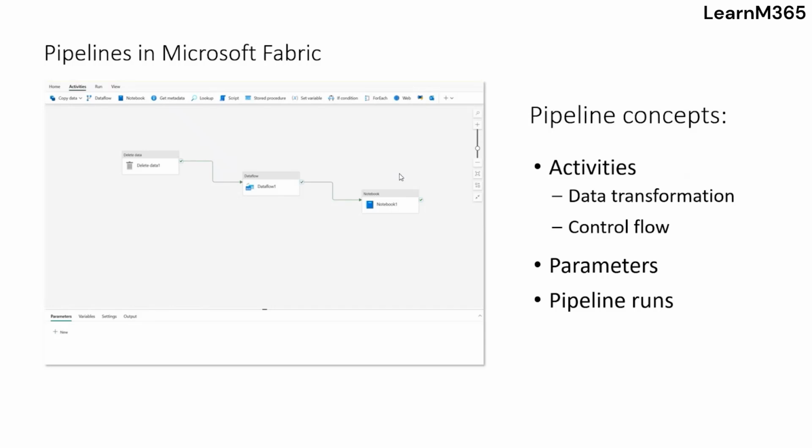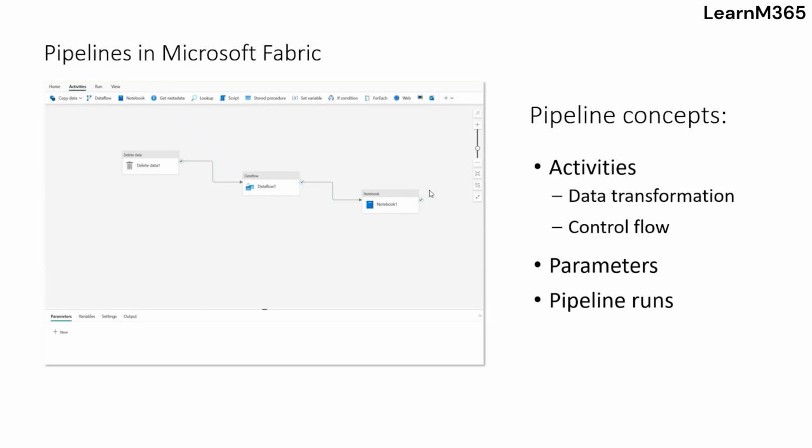You can define a flow of activity by connecting them in a sequence, and the outcome of a particular activity, whether it's success, failure, or completion, can be used to direct the flow of the next activity in the sequence. And there are two broad categories of activity in a pipeline. One is data transformation, the other one is control flow.